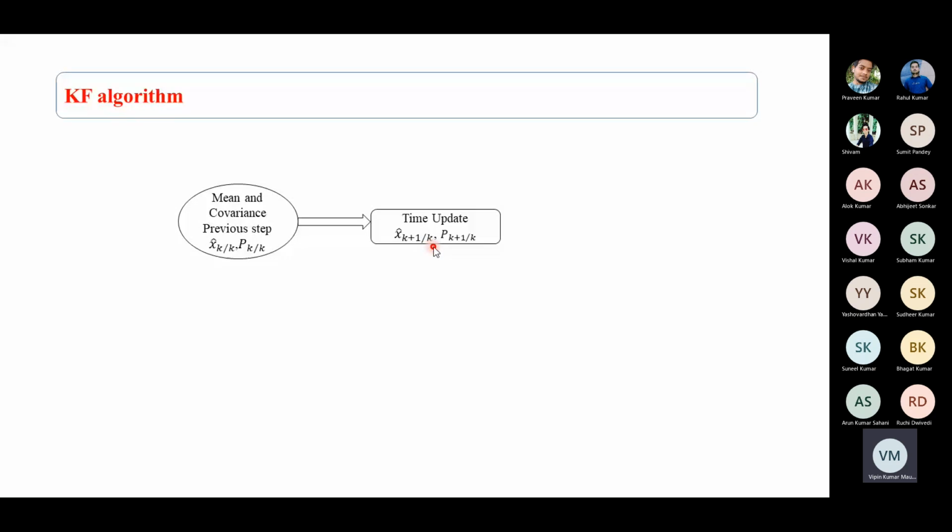We are using the observations that have been covered previously, not any new observation. On the basis of observations at k, we get the value of x at k plus 1, at the next epoch. Similarly for the covariance matrix. These are your time update equations. Using all the values at time k, we calculate the values at k plus 1. Similarly for the covariance matrix.